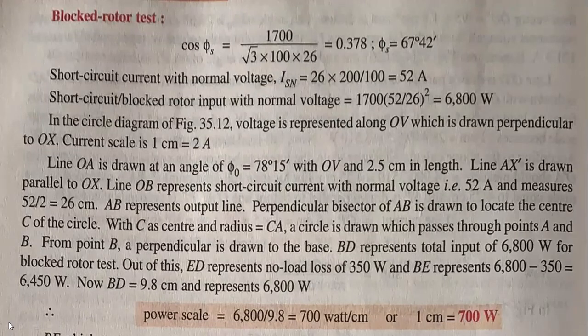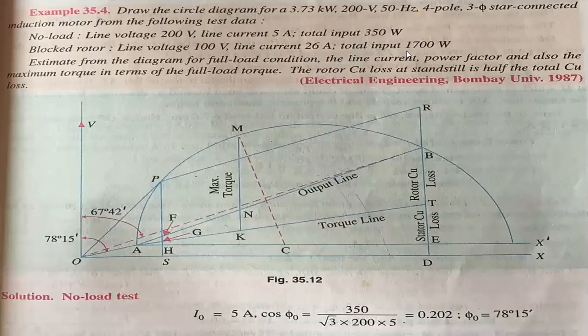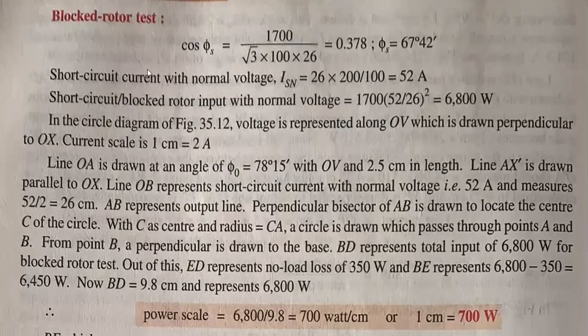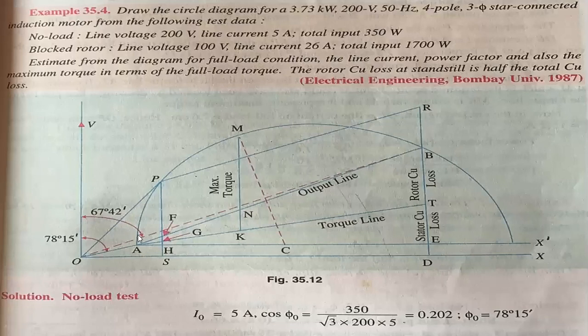Power is given as 1700 watts, V is 100 volts and I is 26 amperes. So cos phi S is equal to 1700 by root 3 into 100 into 26, which becomes 0.378. So phi S is equal to 67 degrees 42. At 67 degrees we have to draw the line.